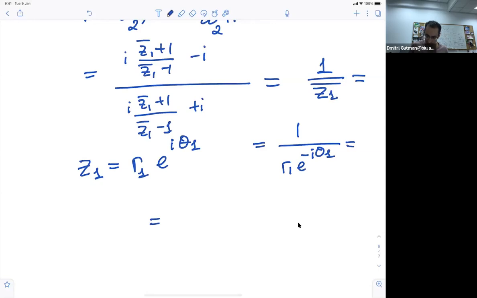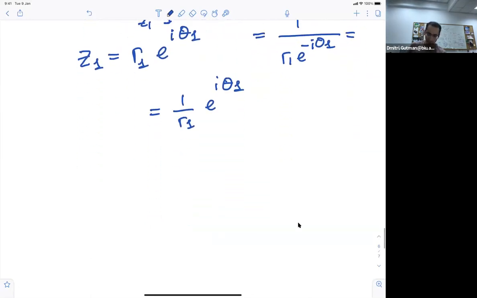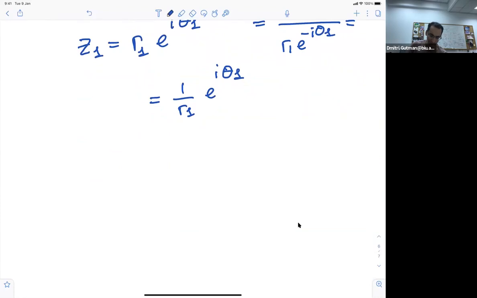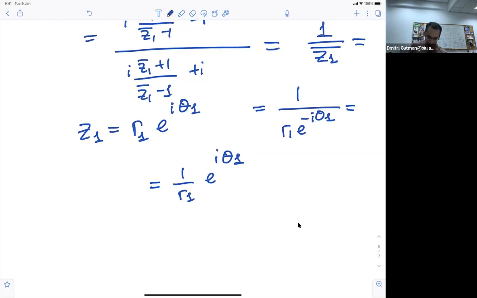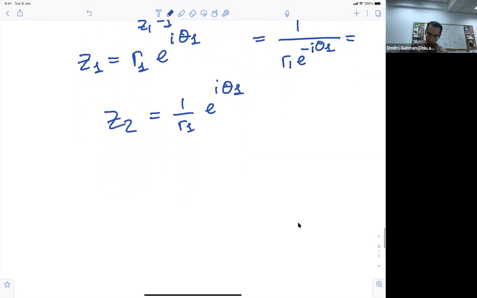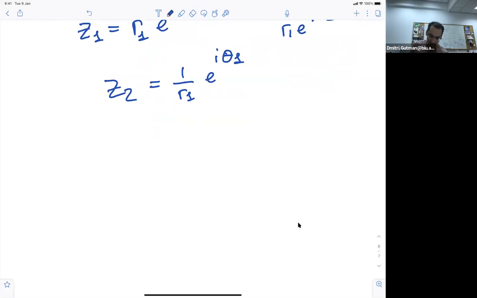So this will be the point 1 over R1 e to the power of I theta 1. What does it mean geometrically? It means that this point has the same phase on the complex plane as the point Z1. So what we have computed is the point Z2, and we see that the point Z2 has the same phase as the point Z1.